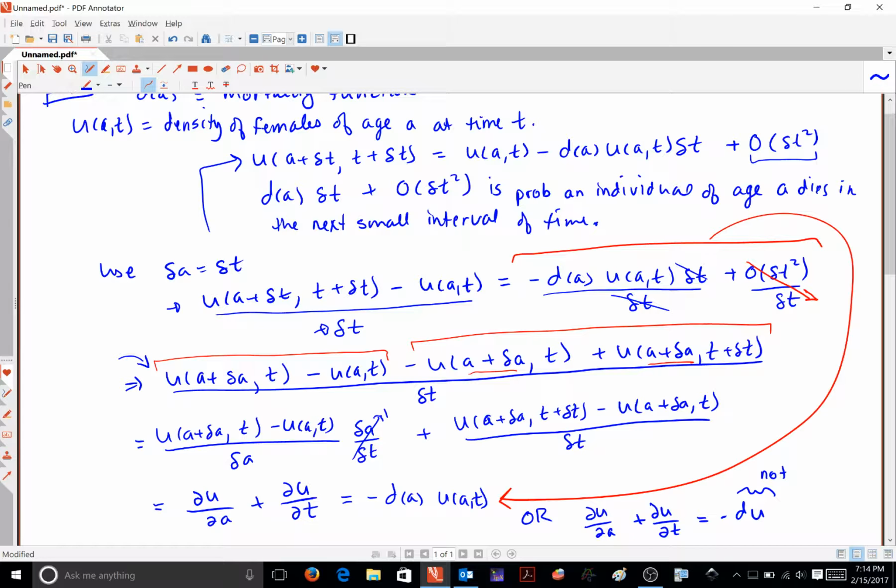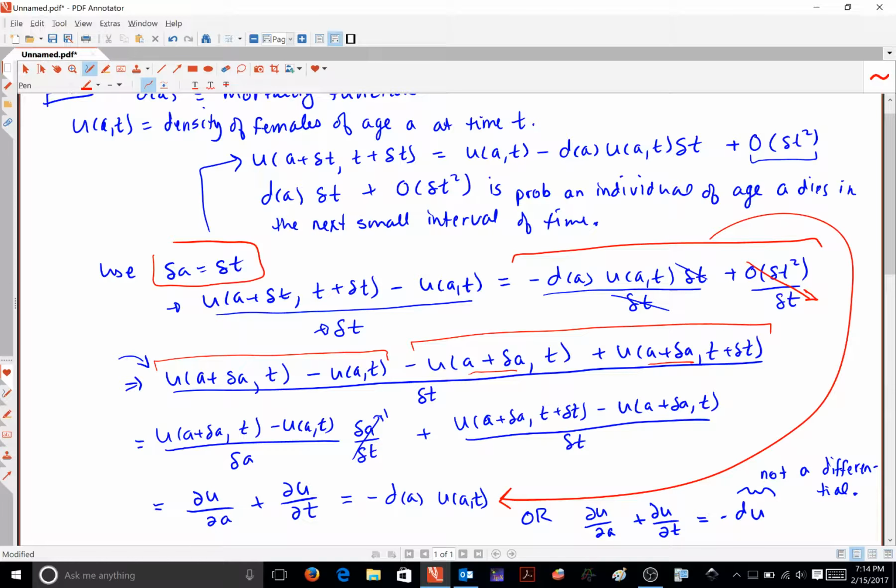This is d times u, a differential. Notice that we use the Lexis diagram in the fact that we used our delta t equals to our delta a. This is what's giving you those unit slopes on the Lexis diagram. That's why you have to use that Lexis diagram.